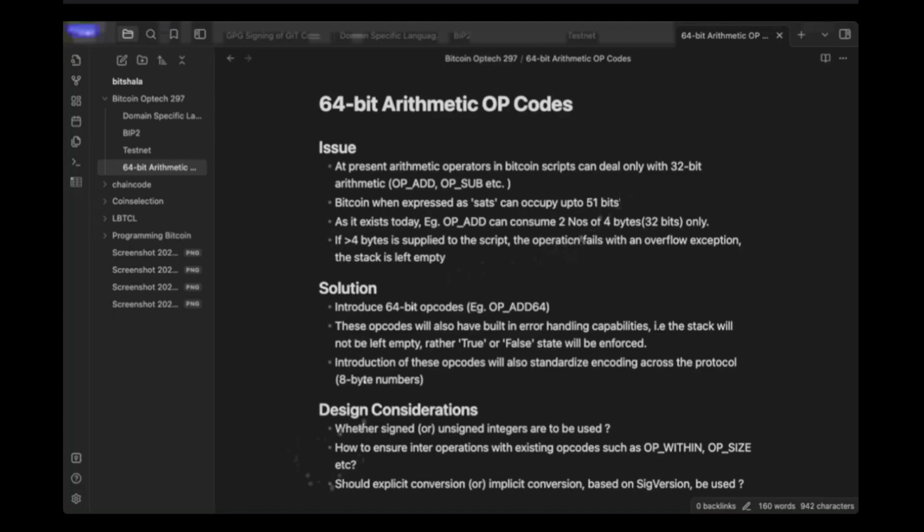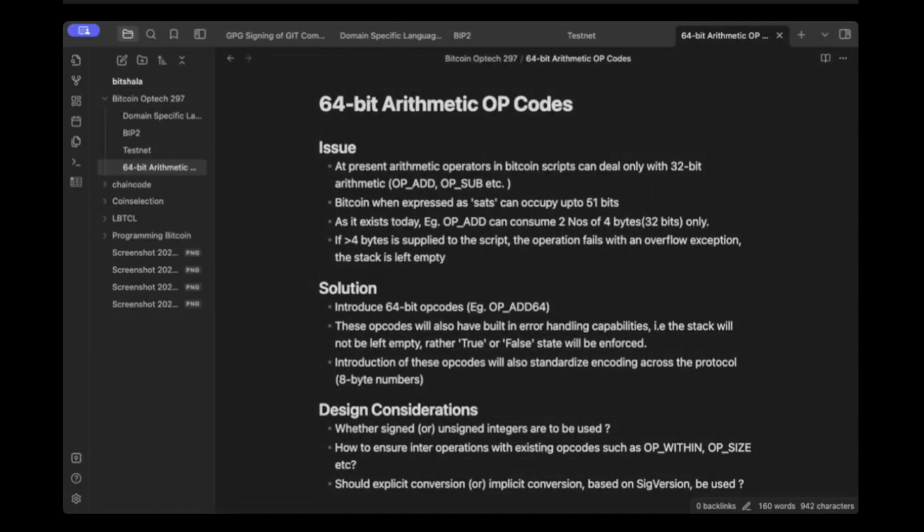Now a need has arisen, so people are trying to increase the 32-bit arithmetic to 64-bit arithmetic. One typical use case is that if you express your Bitcoin as sats, the maximum amount can occupy up to 51 bits.